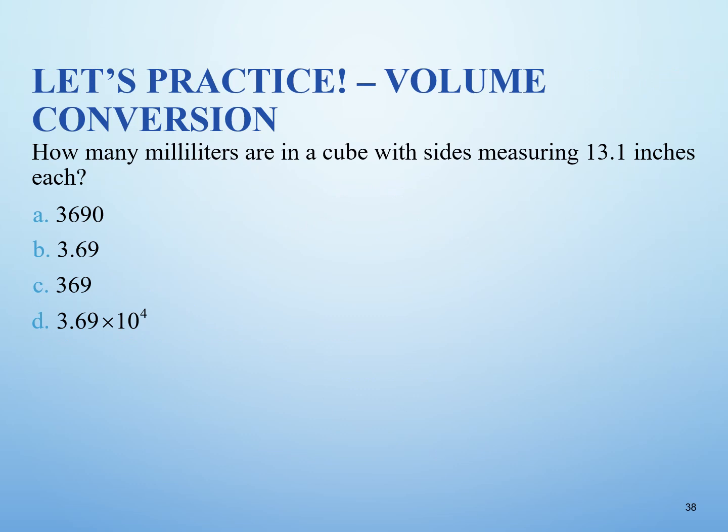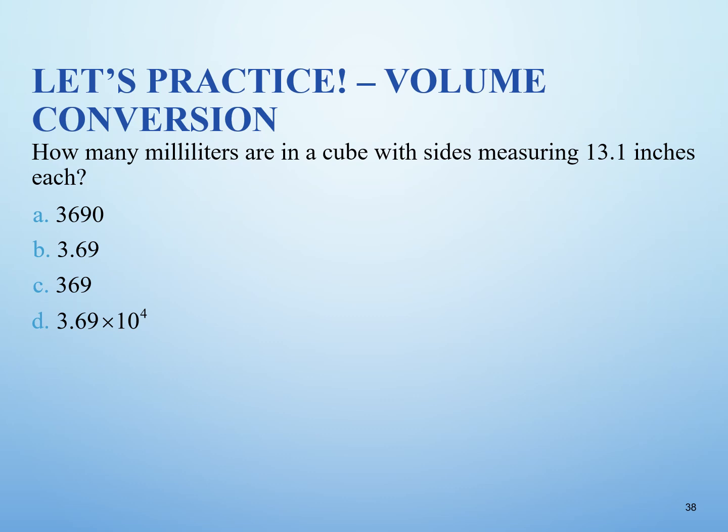Alright, so how many milliliters are there in a cube with sides measuring 13.1 inches each? So you would need to do 13.1 times 13.1 times 13.1 inch cube and convert it to milliliters.